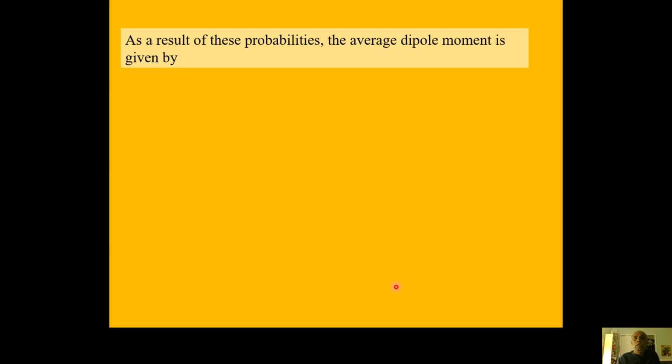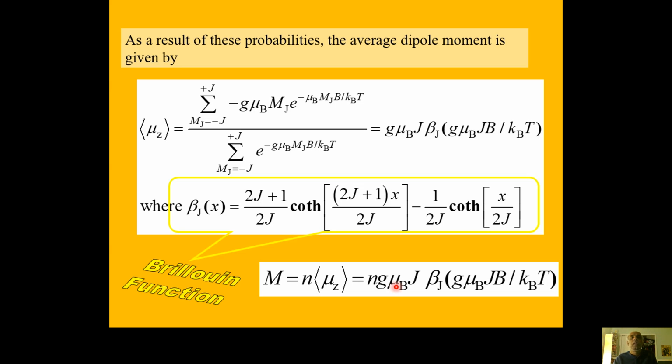Now if you have a bunch of these dipoles, you need to calculate the total magnetic moment or average magnetic moment. We know that at a certain temperature, these magnetic moments can be distributed randomly, right? Then you need to calculate the average magnetic moment by using the simple Maxwell-Boltzmann distribution.